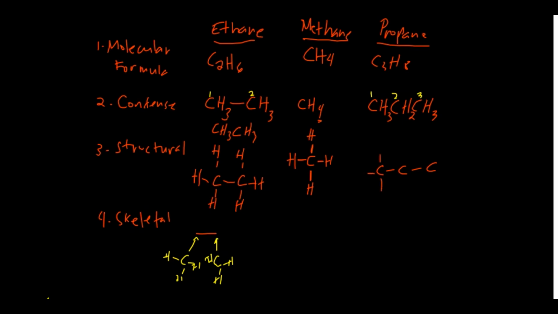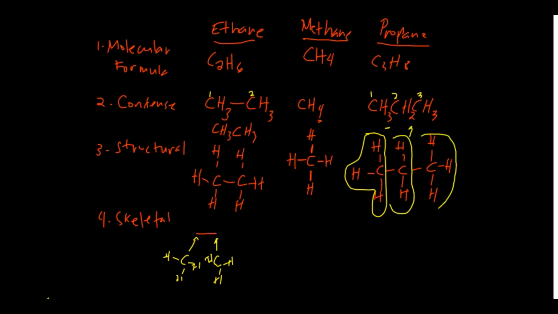The ends of this compound should have 3 hydrogen atoms each, and the center, the middle, will have 2. So this can tell us that this part has 3 hydrogen atoms, this part has 2, and this part has 3.